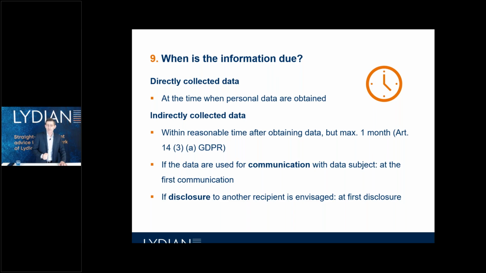And then the second specific rule is when you have obtained this information from a third party and you are intending to disclose it to another third party, in that case, you must inform the data subject at the latest at the moment of disclosure to the third party.